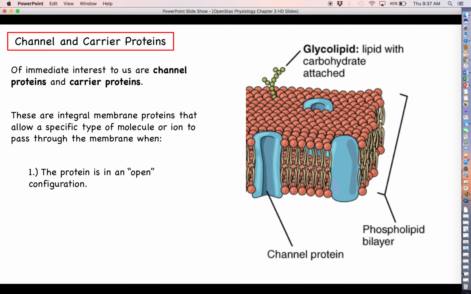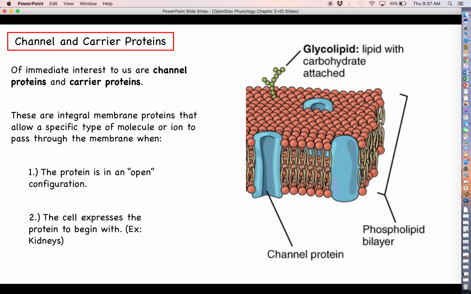If you look at the channel protein here, you can see this hollow space that a molecule or ion could pass through. Well, that molecule or ion can't pass through if the channel is not open, meaning if there's a gate that is closed or something. So as long as the channel or carrier is open, it should be able to permit that molecule to go through.